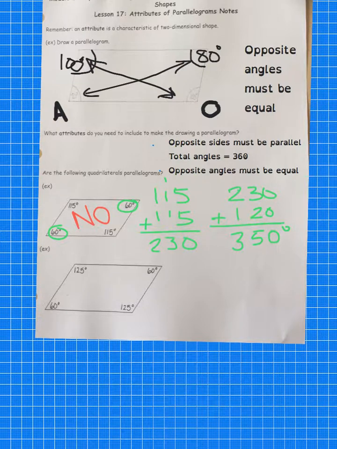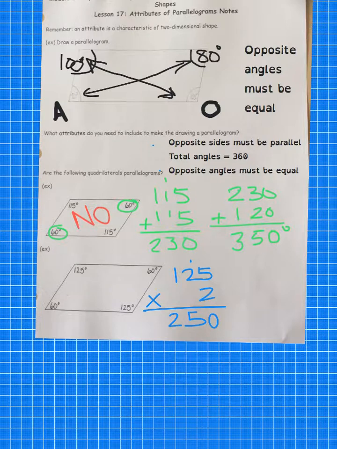So we're going to add up 125 times 2. Notice I can multiply by 2 instead of adding them both together. So I can do 250.